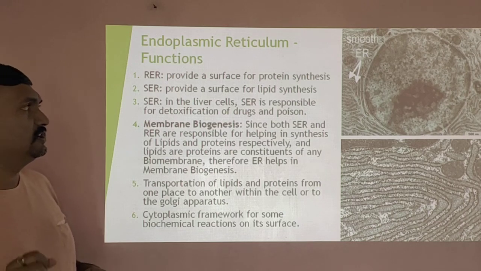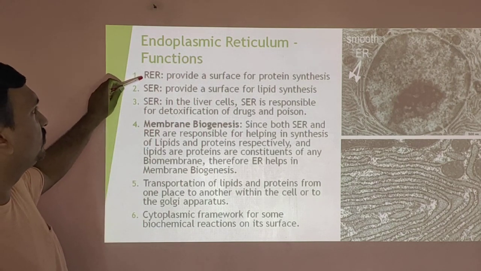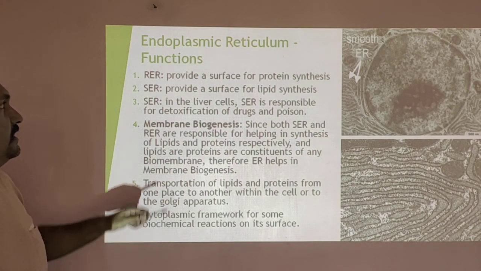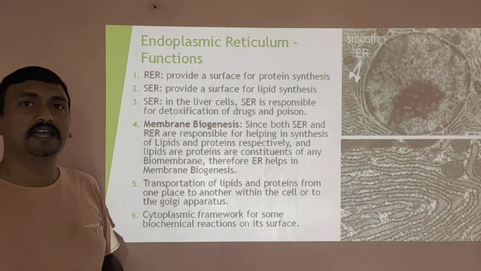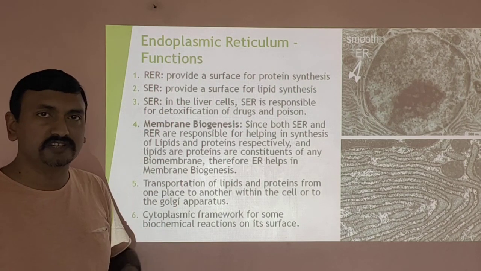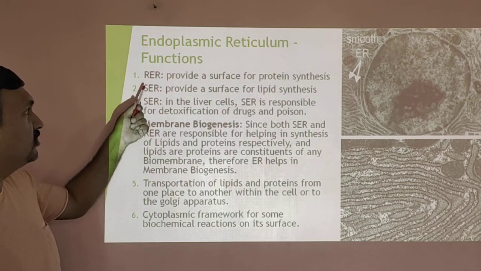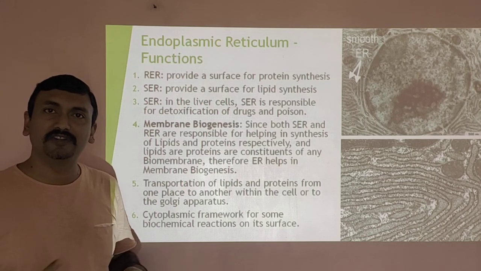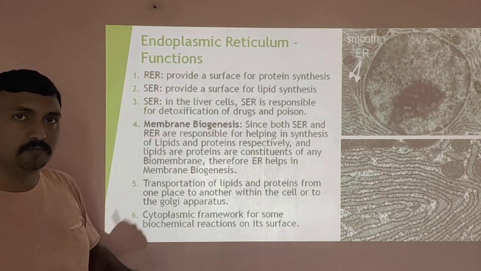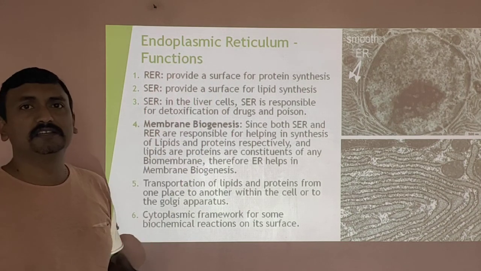Let me clarify here, many a time students make a mistake when we ask them what is the function of rough or smooth endoplasmic reticulum. They directly say rough endoplasmic reticulum carries out protein synthesis, smooth endoplasmic reticulum carries out lipid synthesis. Now this is wrong. Why? Because endoplasmic reticulum is not carrying out any synthesis. Synthesis is done by the ribosome, protein synthesis.